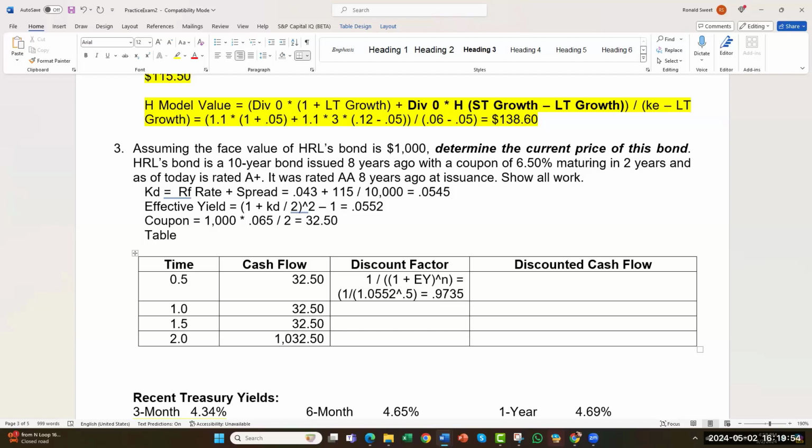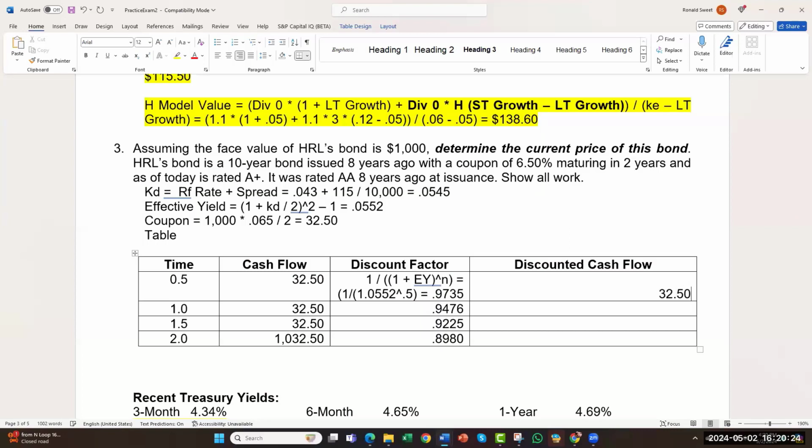That's using the rounded 0.0552, so that should be the number you get if you're using the rounded numbers. Then you raise it to the first power, and there I get 0.9476, 0.9225, and 0.8980.